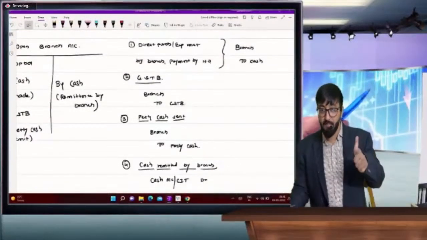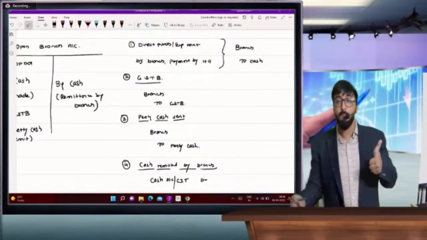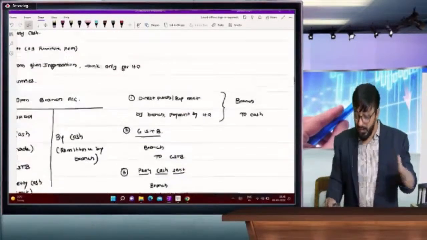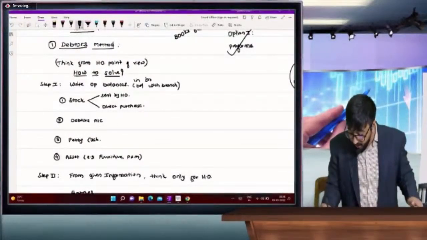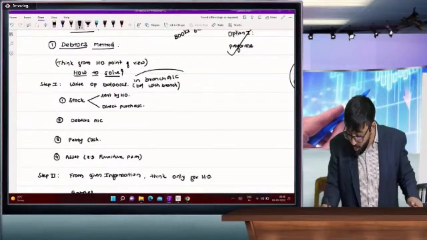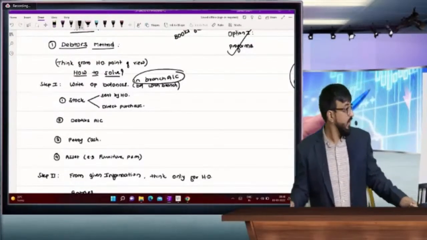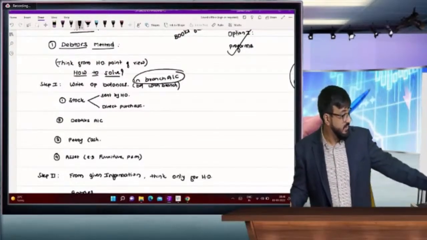So step 1 is very easy. Opening balances, you have to write them in the branch account. So which account are you going to open? Branch account, in which you are going to write opening balances.